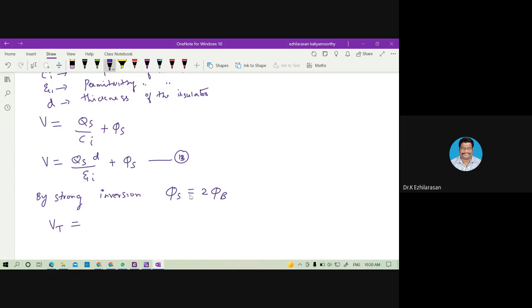This capital VT is defined as the Qs, I will write as the strong inversion of Qs, the charge of the semiconductor, into d divided by epsilon i, plus φs. φs is nothing but 2 times φb. So this will be your equation number 14.